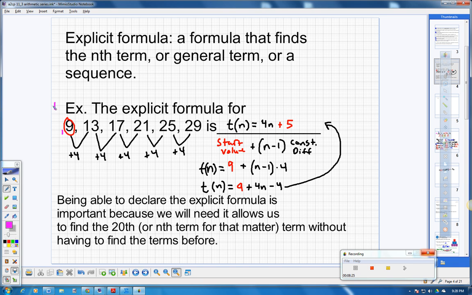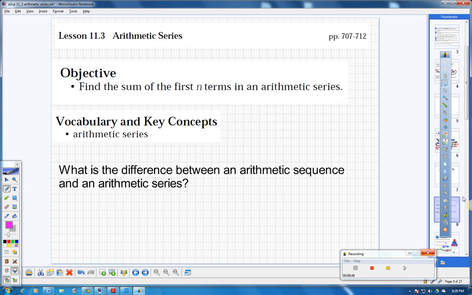T sub 0 would be, I know you're thinking it, I would just subtract 4 from that. Oh yeah, duh, Mr. Claxton, it'd be 5. Absolutely. Yep, and it was 5 over here, and I know my common difference. So that sometimes jives with people. It's a little more common to what we've done in class.